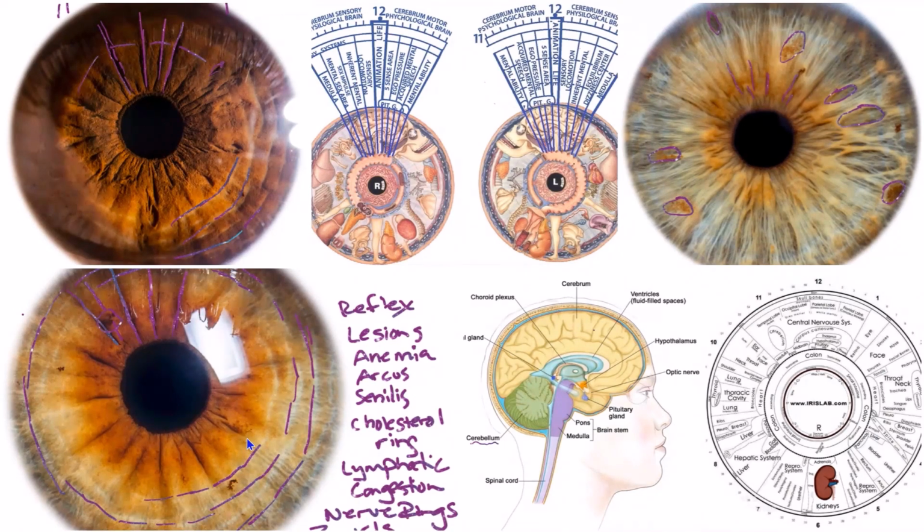The brain zones were pioneered by Dr. Bernard Jensen, and as such I will be following primarily from his work today. In future videos I will bring in the discussion and research from several other iridologists on the brain and the brain zones.